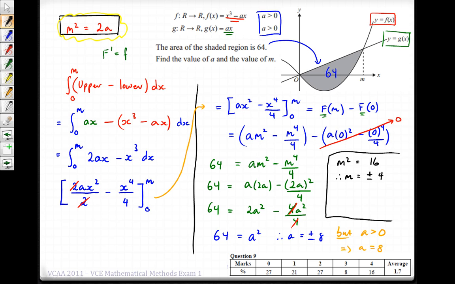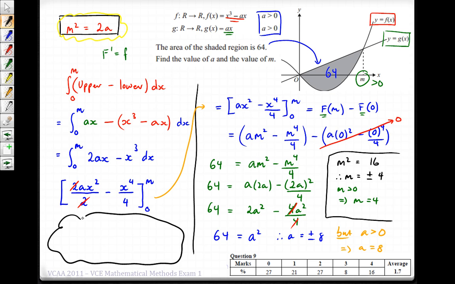But again, from our graph, m is greater than 0, so m must equal 4. So our answers, which I'll put down in this cloud, are that a, small a I should say, equals 8 and m equals 4. And they're your answers.